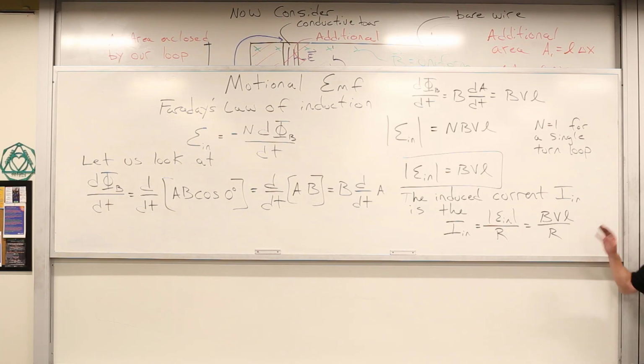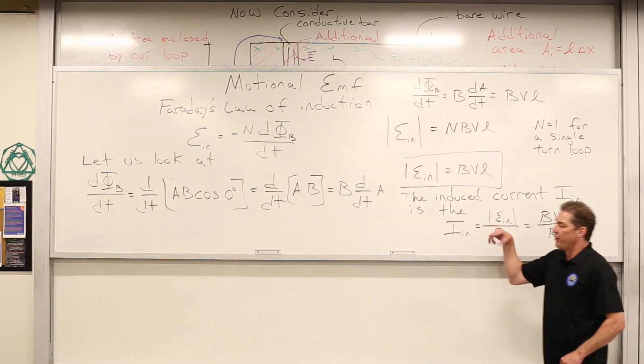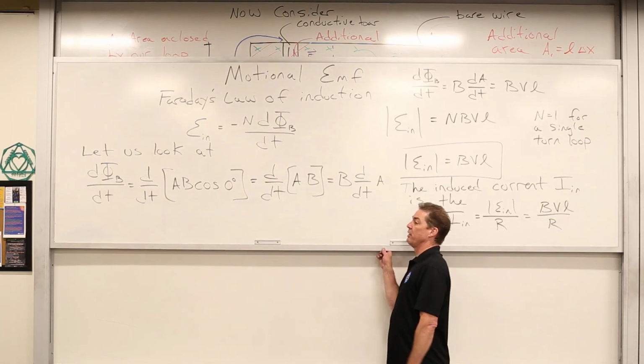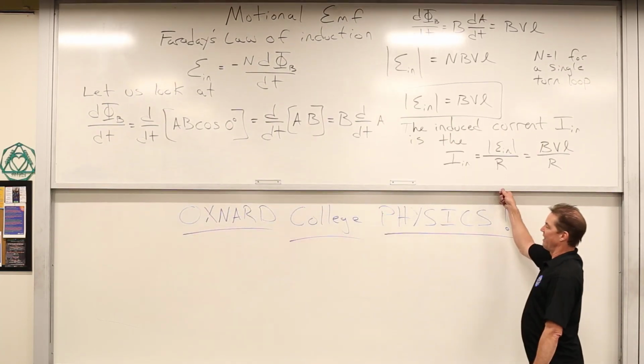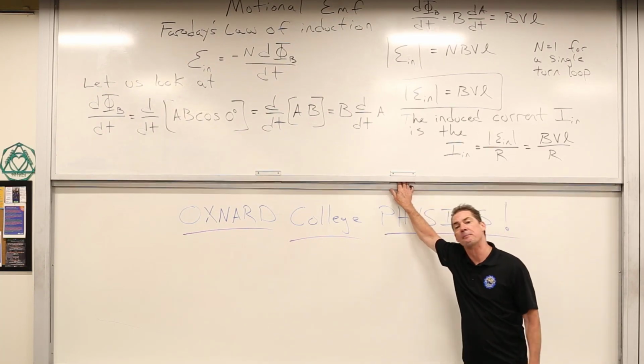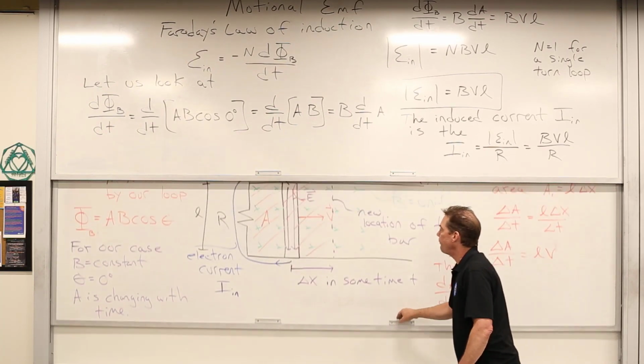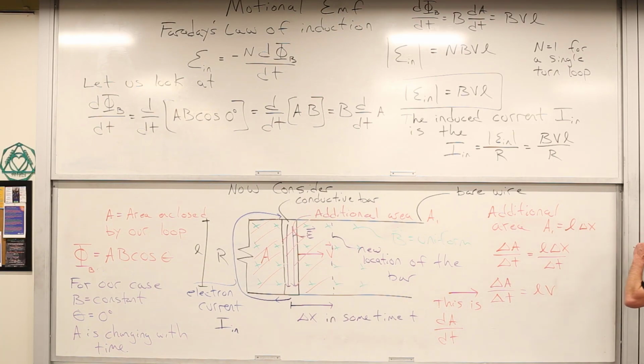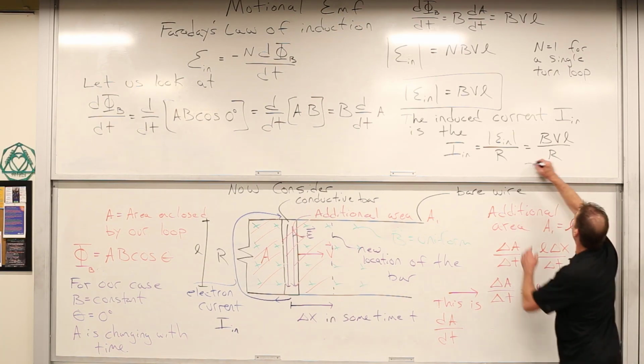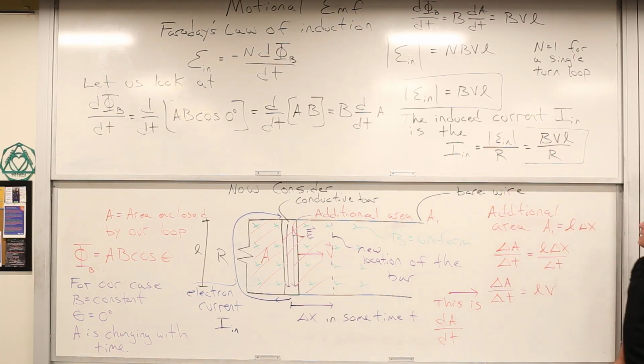We're worried about how much potential difference, how much current. The directions of things can be substantiated utilizing Lenz's law and some other things. All right, so that's what we get out of this in terms of the motional EMF and inducing a current.